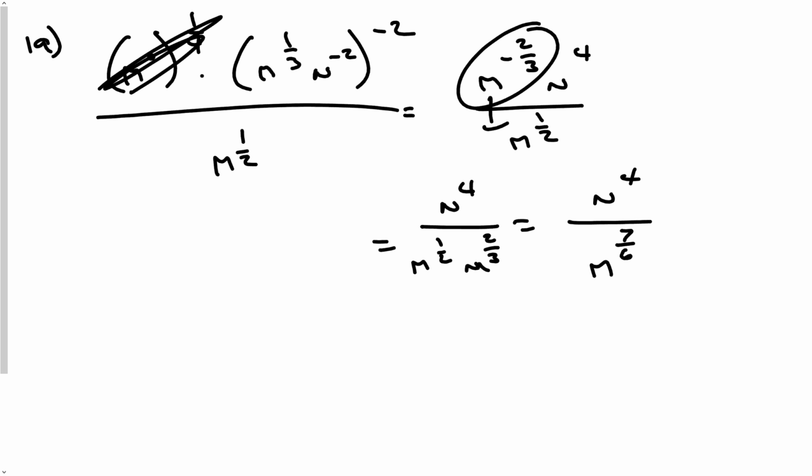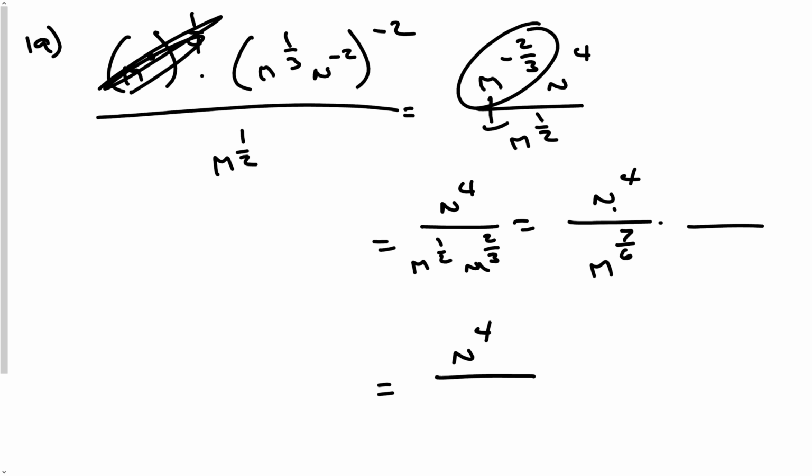The problem is it has a fractional exponent in the denominator, so I need to rationalize. And the way I do that, okay, so here's my answer. It's going to be n to the 4th with something, right? Because this one's done. I don't need to do anything with the n. It's just n to the 4th. So I need to multiply by something that'll make 7 over 6 not a fraction.